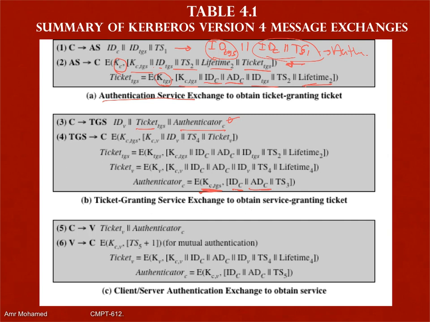So this authenticator is now encrypted with the session key. When I present this message to the TGS server, the TGS server will be able to decrypt both the authenticator and the ticket. Right? Using the KTGS, I can always decrypt the ticket. Okay? And using the session key, I can decrypt the authenticator.